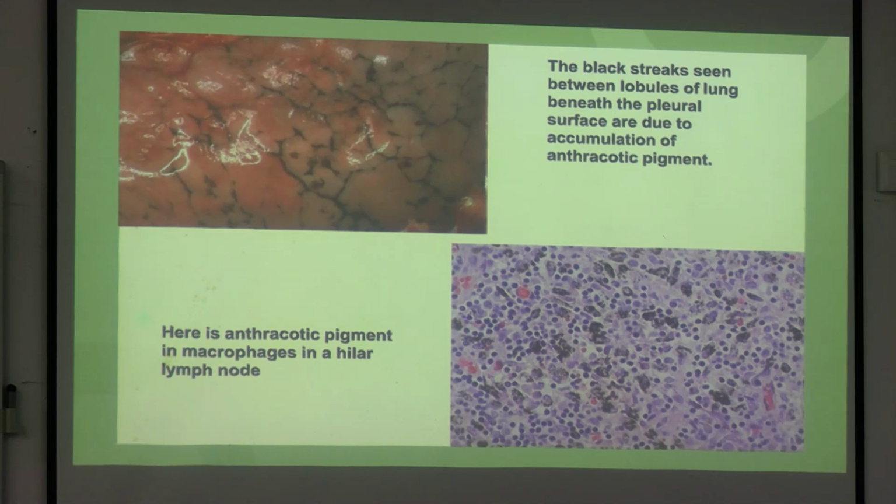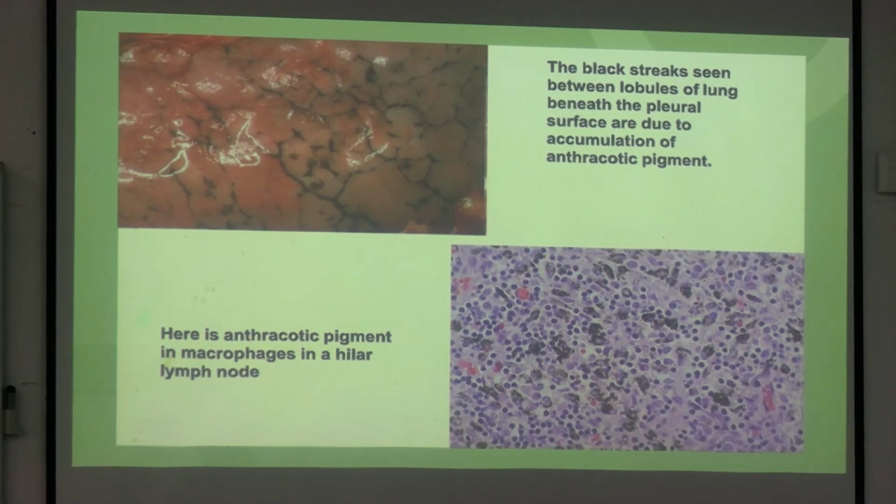So pigments or fats or proteins, whatever there will be the accumulation, their residing place is the cytoplasm.